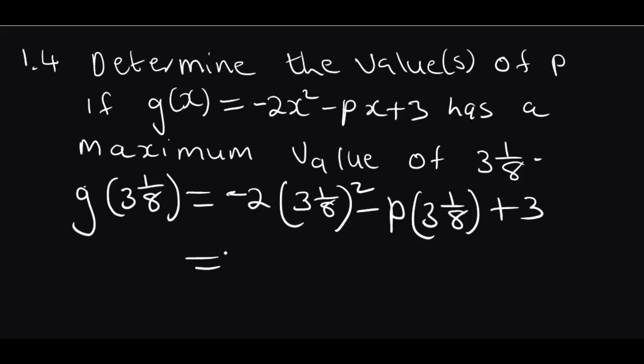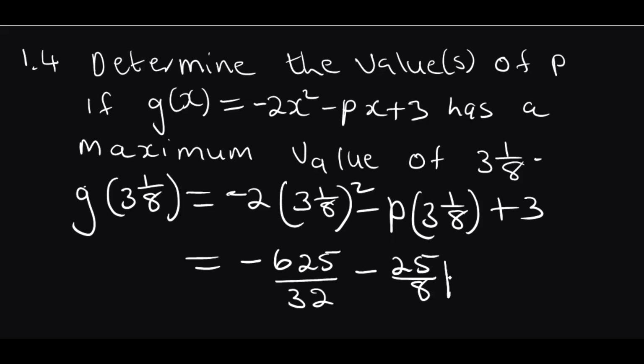That will give us negative 625 all over 32 minus, this is 8 times 3, that is 24, plus 1, that is 25, meaning we have 25 over 8 p plus 3.